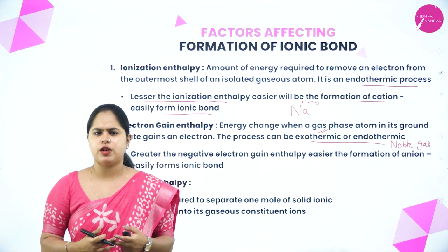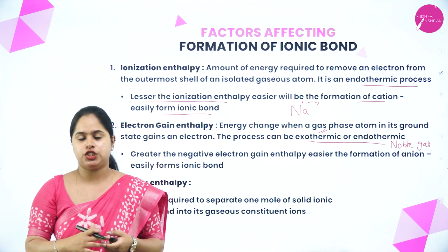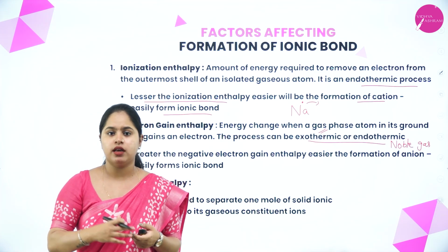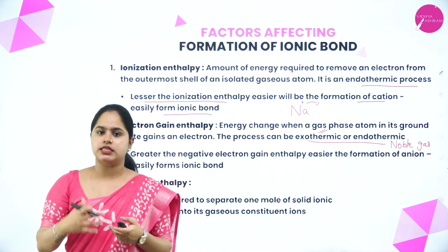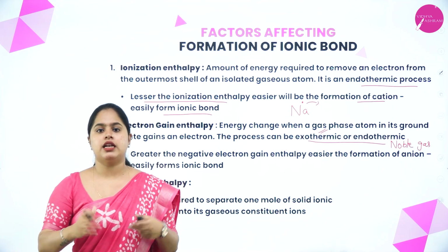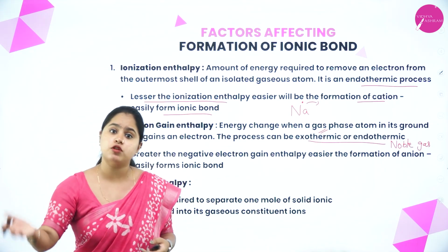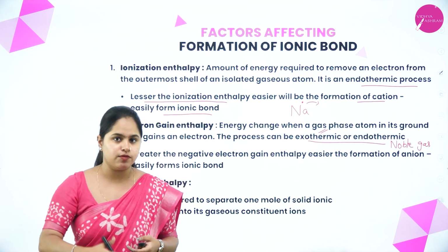Why? As I said, we need to give the energy so that the atom will gain this electron. Usually, when an atom gains an electron, it releases energy. But in the case of noble gases, we have to supply energy so that the atom will gain an electron.